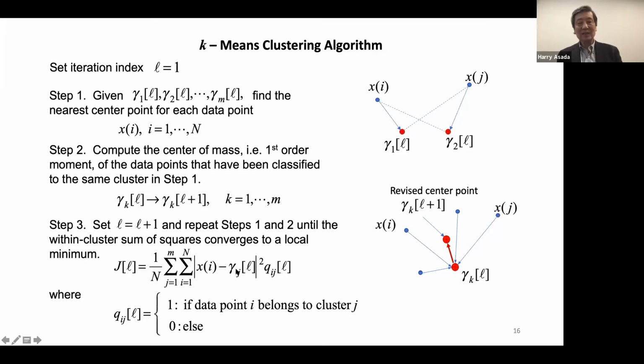If this point belongs to cluster j, then this term is non-zero and is added to the sum; otherwise it is 0. So we compute this, which is a kind of average within cluster sum of squares. For these improved center points, we measure the average squared distance, and then we do this for all the center points, which basically includes the other data points.